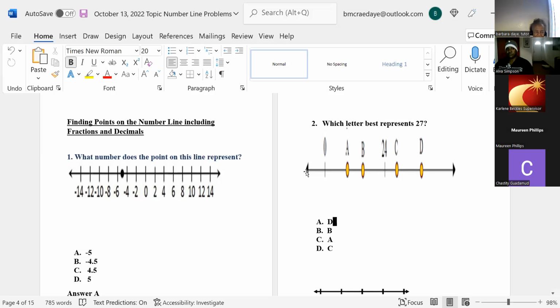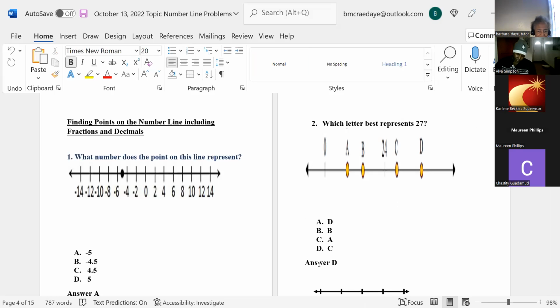Notice you're increasing from left to right, right? So before 24 here would be 23, and after 24 would be 25, 26 and 27. D, very good. Michelle, you agree? Yes, ma'am.